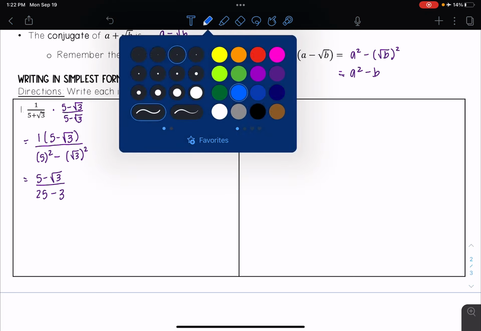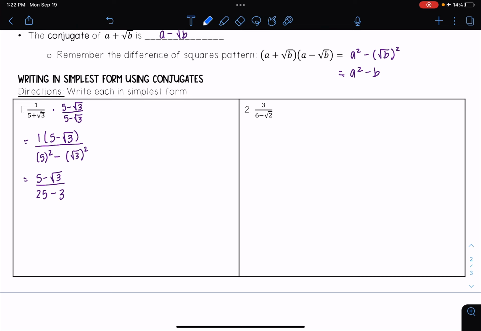And again, just to reiterate the reason why that's the case: the square root of 3 is the same thing as 3 to the 1/2, squared, which if I do 1/2 times 2, I get 3 to the first, which gives me 3. And then simplifying that denominator, I get that 5 minus square root of 3 over 22.